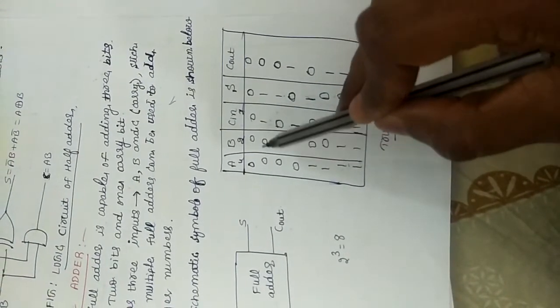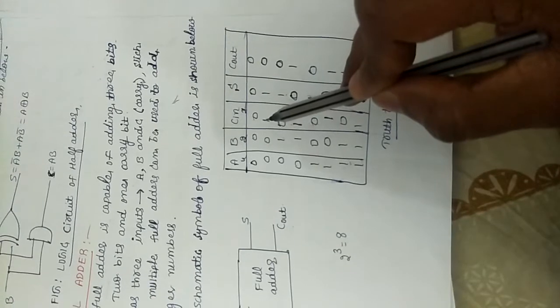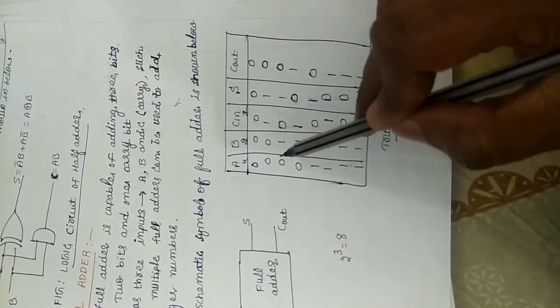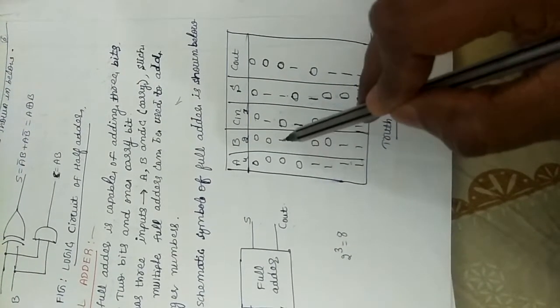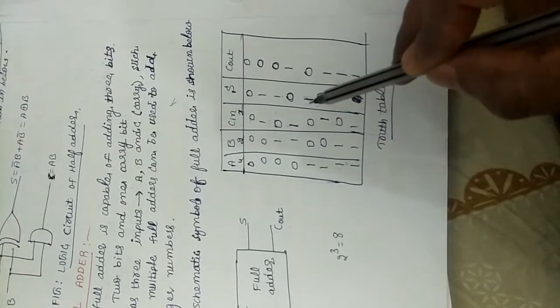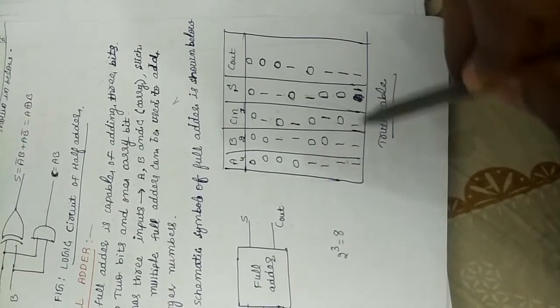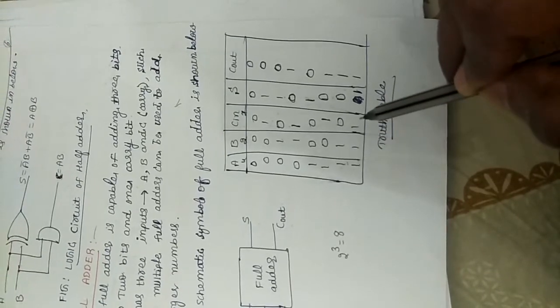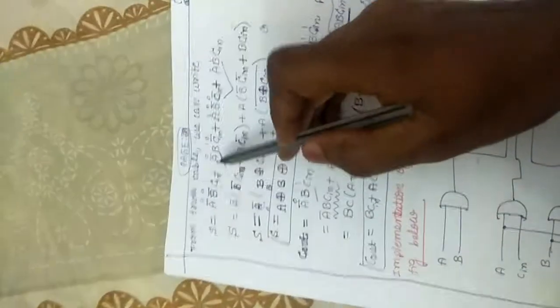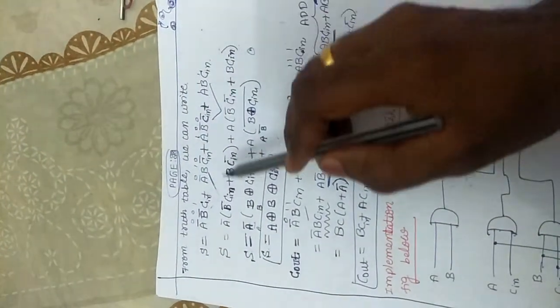So it will be A bar, B bar, C in. A bar, B, C in bar. A, B bar, C in bar. For this combination A, B, C in. That combination I have written here, all four combinations.